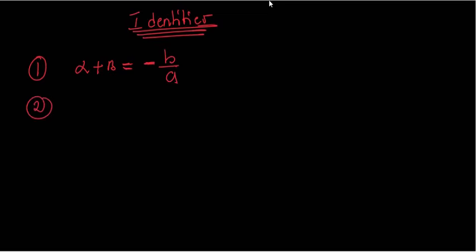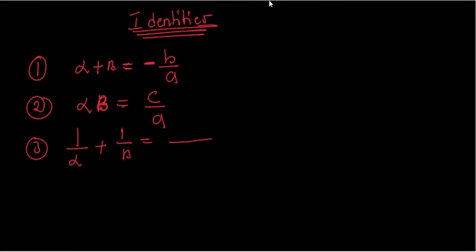The second identity is alpha times beta. What is the identity of this one? The identity of this one is c over a. Then the third one, sometimes you may have something like that. So what would be the identity of this one?